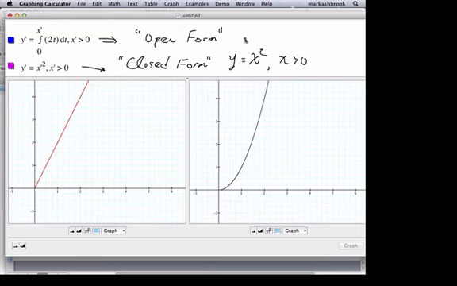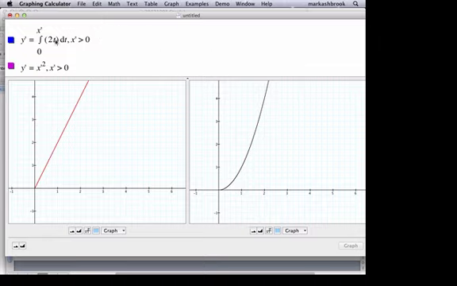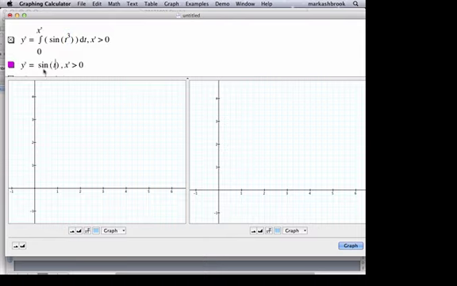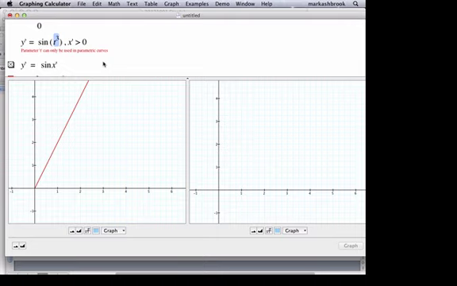So the question is, does every open form have a closed form? You're saying yes. Someone say no? I say no. Okay, so here's just a minute. This is kind of cool.